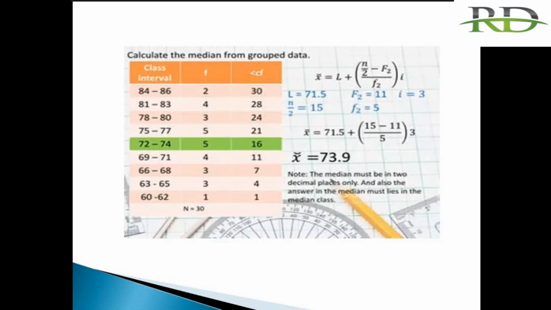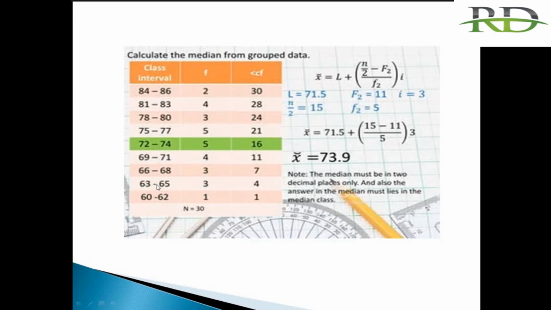Now come to calculating the median for the grouped data case. Grouped data means it is arranged in terms of class intervals. These are the class intervals, and these are the frequencies. Frequency means, for example, one observation got marks between 60 to 62.